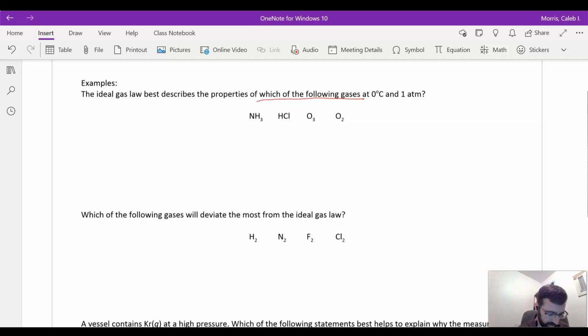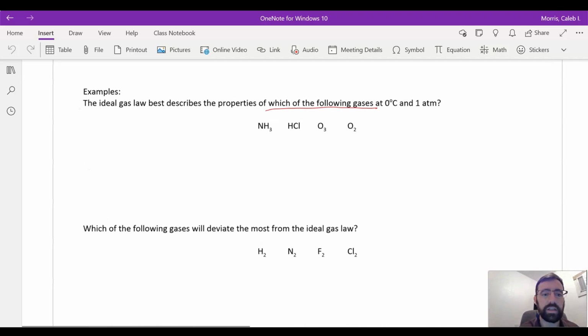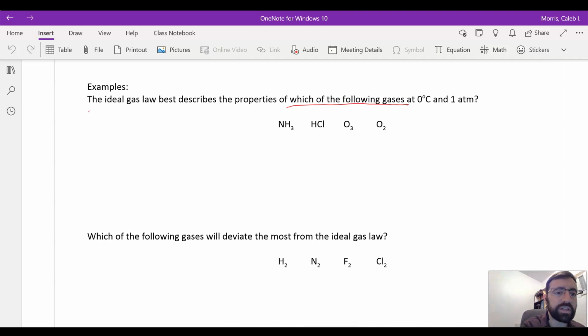So what we want in an ideal gas, for a gas to be ideal, is it has the fewest electrons. That's going to reduce its London dispersion forces. And it also needs to be the fewest electrons and nonpolar.